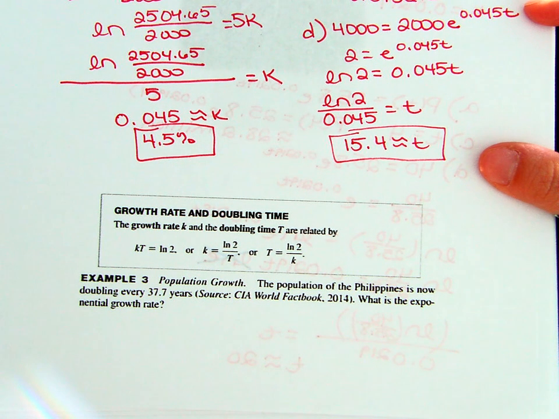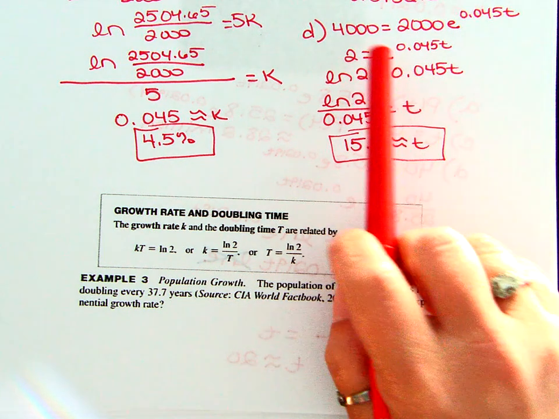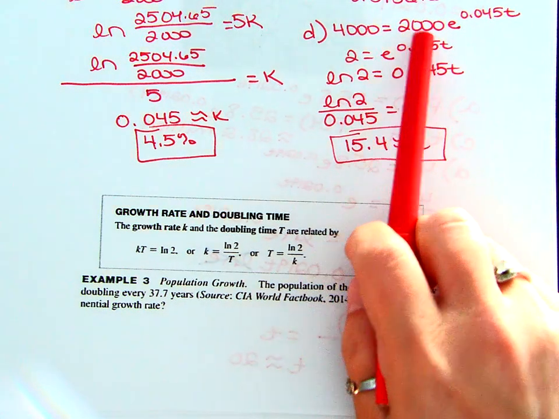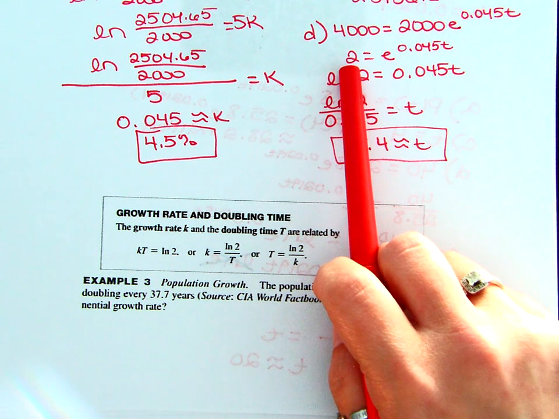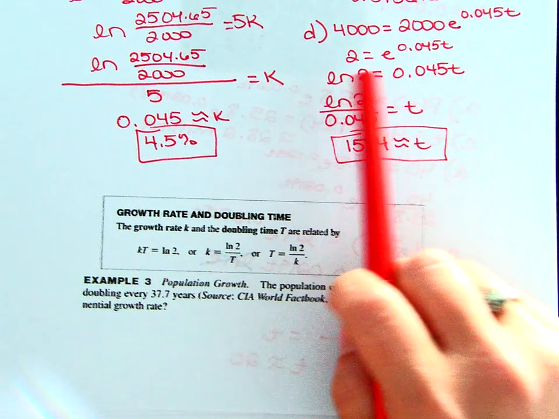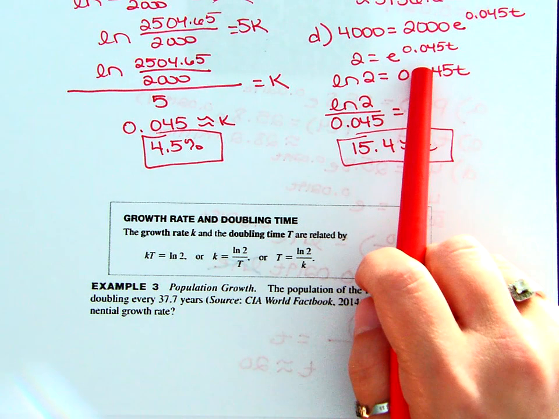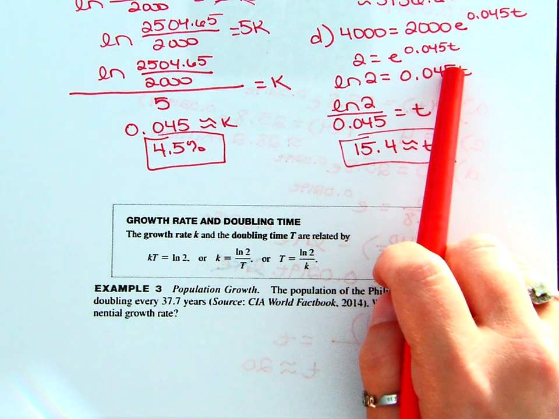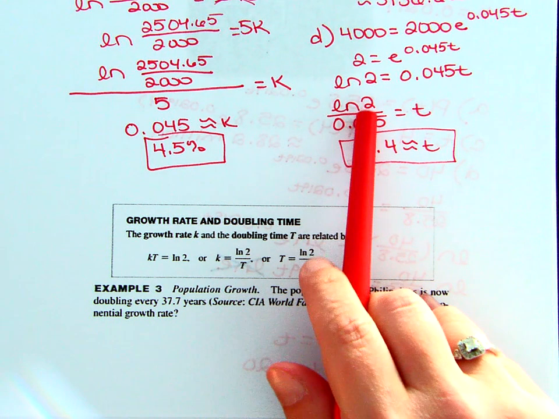Because if you notice, if we're doubling our investment, then the first step's always going to be to divide, and when we divide, we're always going to get 2 equals, which means then when we ln both sides, we're going to always have ln of 2 equals the rate times the time. So finding the doubling time, really, in essence, you're taking the ln of 2 divided by whatever the rate is. That's what you're doing to find the doubling time.